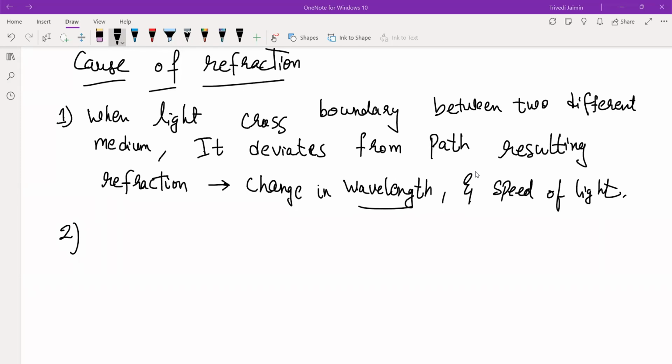Sir, is it the length of the reflected ray? Length of the reflected ray, not like that. Wavelength itself is length. In this name it's like that. Wave length.